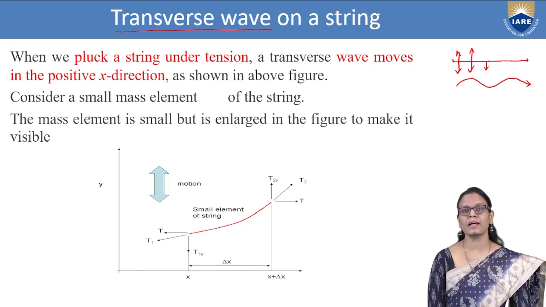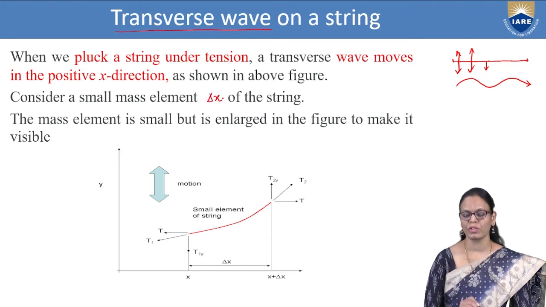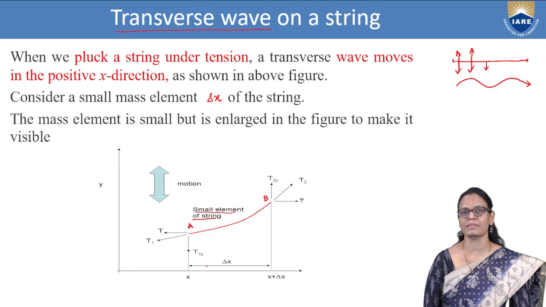Now let us consider a small element delta x of the string. We'll denote it by AB. AB is the small element of the string under consideration, of length delta x.